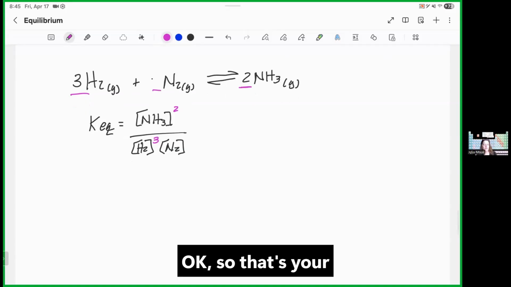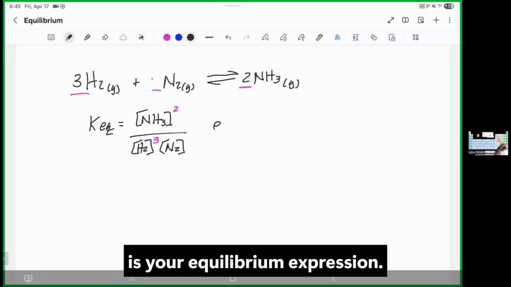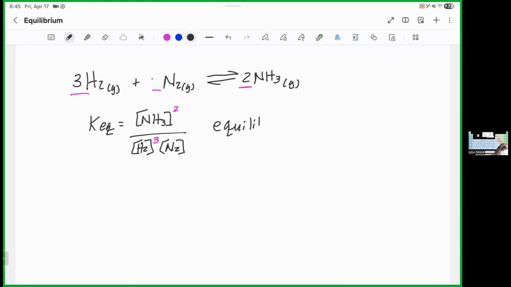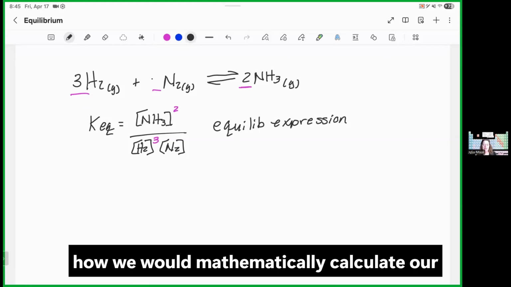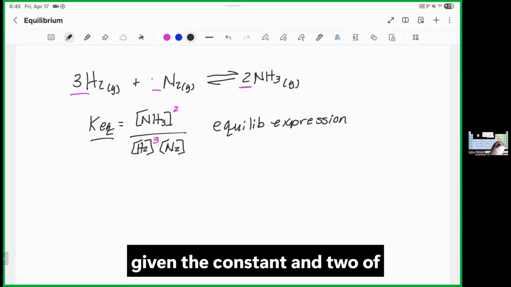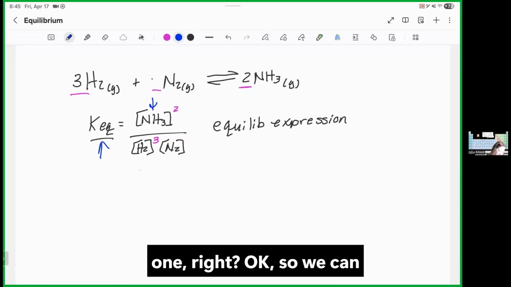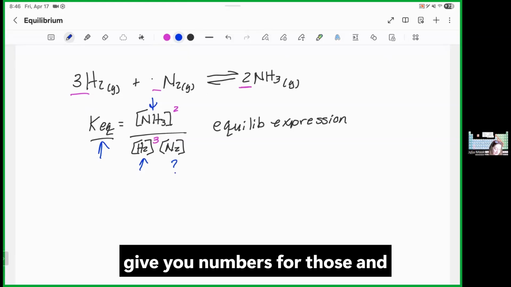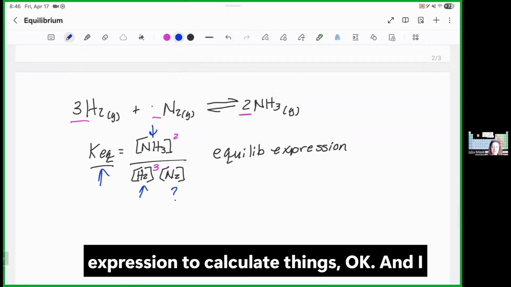So that's your equilibrium expression. We are expressing how we would mathematically calculate our equilibrium constant, or if we were given the constant and two of these, we could calculate the other one. We can give you numbers for those, and you can use the equilibrium expression to calculate things.